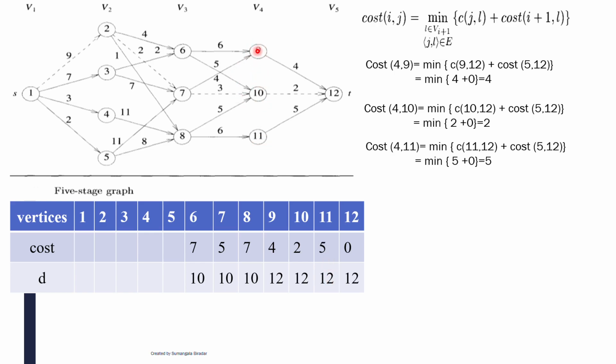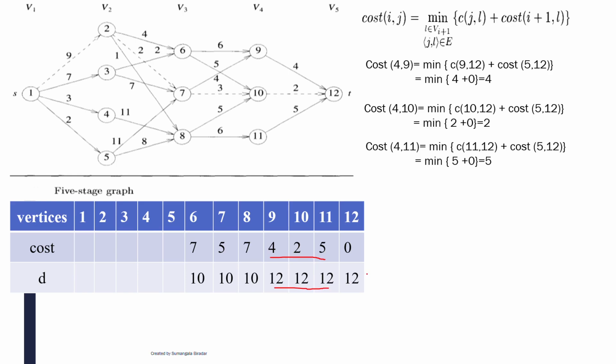In the fourth stage, 9, 10, 11 are there, and you calculated the cost for them and updated those values here. For 9 it is 4, for 10 it is 2, and for 11 it is 5. These are the three values updated at present, and you reach them from vertex 12 here.